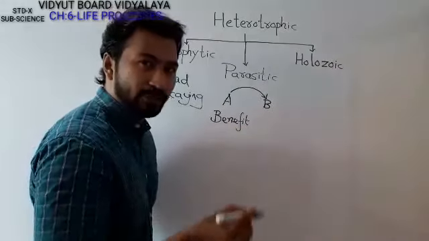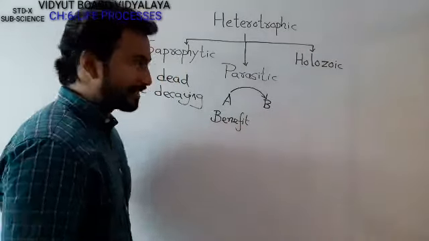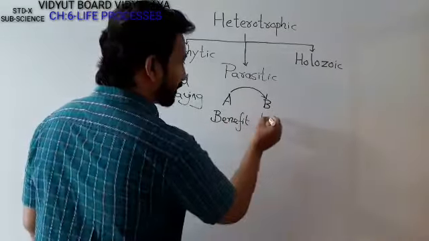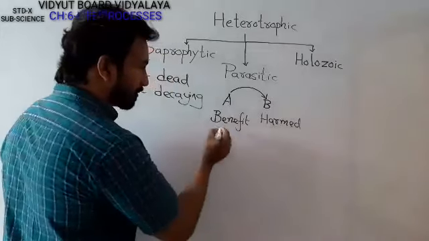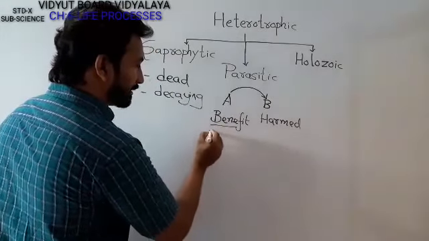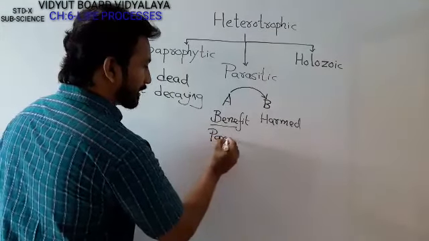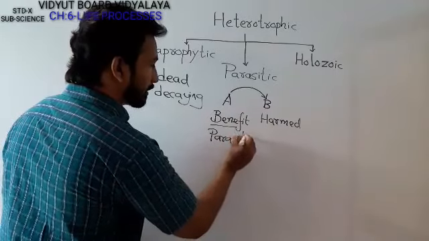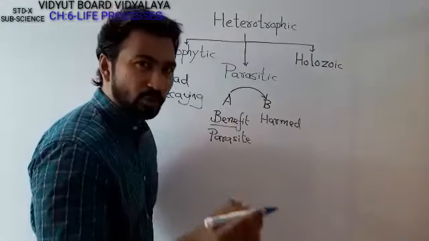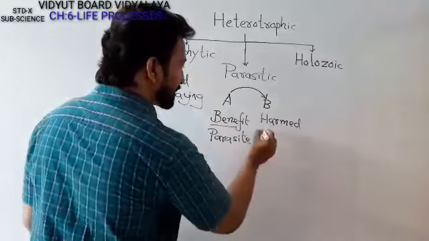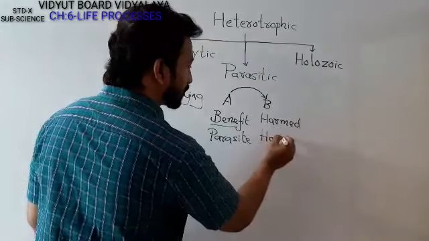But the food is taken away from organism B. So that organism B is getting harmed. So such an organism who is getting benefited, that is said to be a parasite. And the organism who is getting harmed, that is said to be the host.